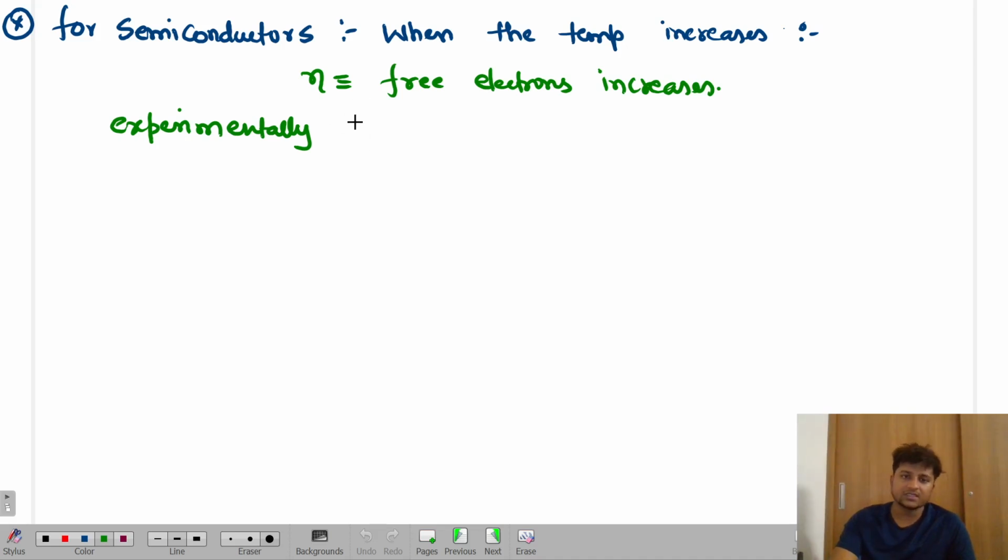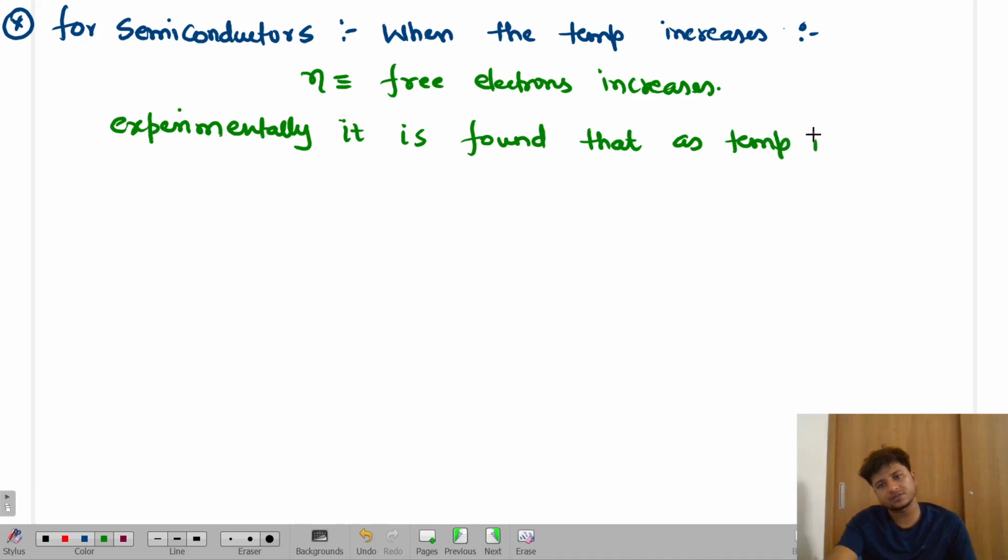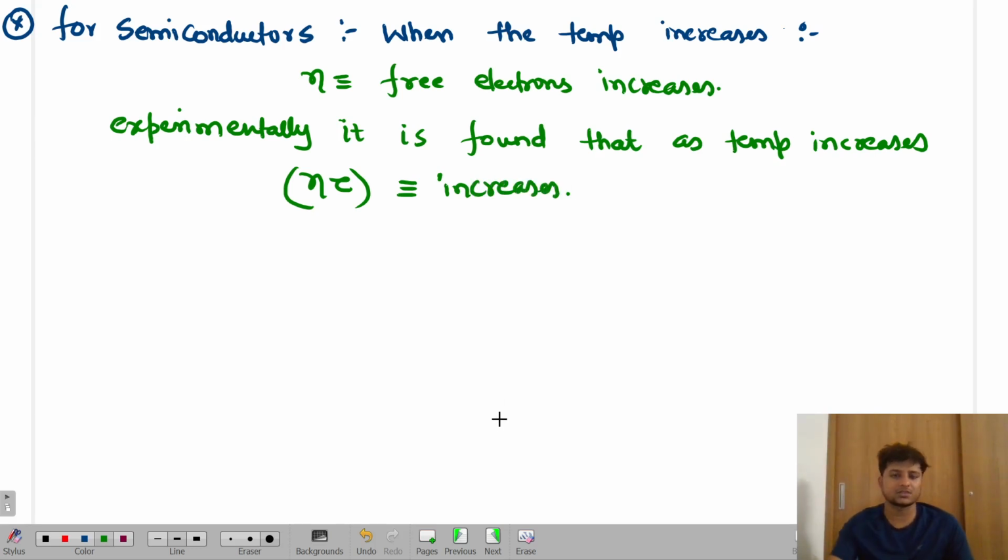So that's what they are saying, that experimentally it is found that as temperature increases, the number of electrons multiplied with their relaxation time basically increases.